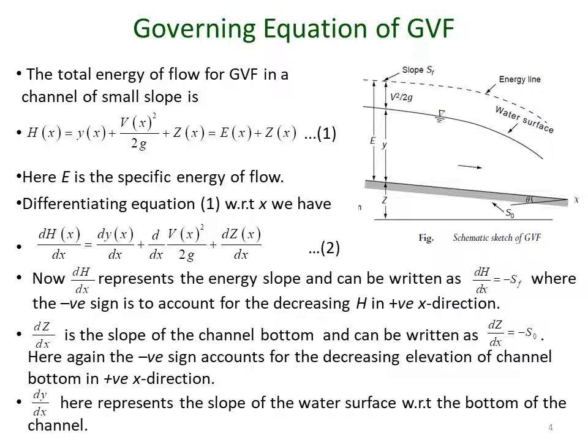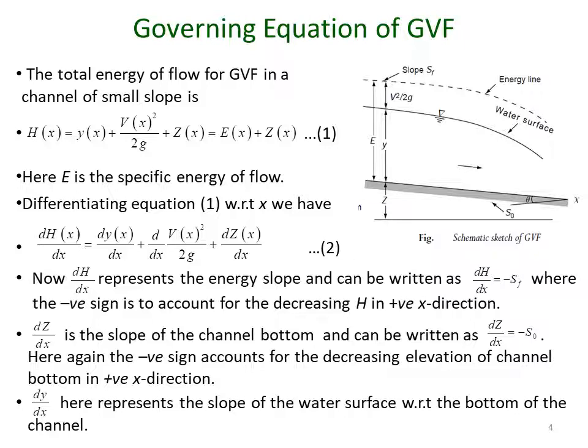H on the left-hand side is the total energy of flow, and the summation on the right is of the flow depth, the velocity head, and the elevation of the channel bottom from the datum, given by y + V²/2g + z.